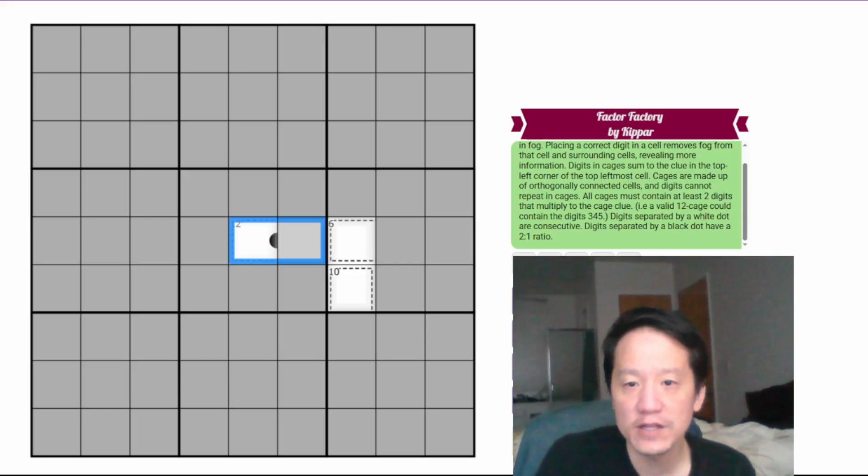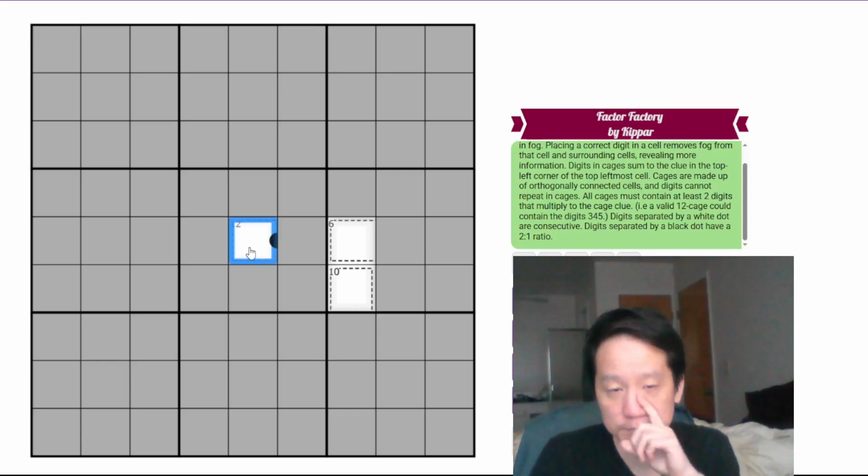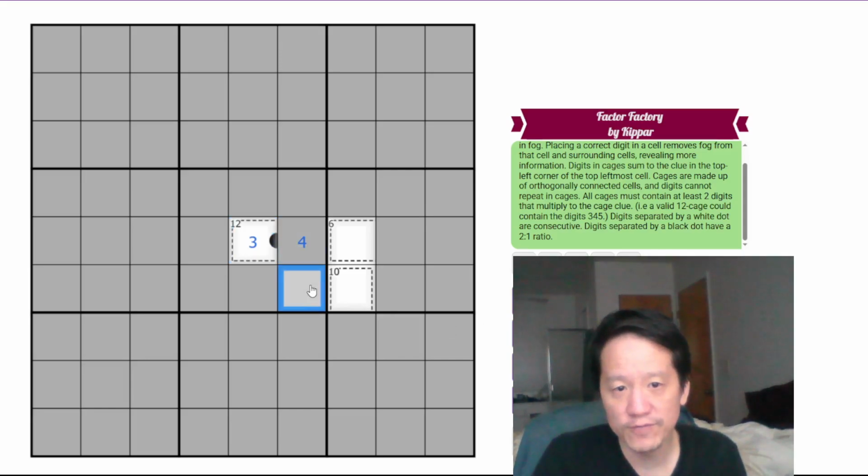That is, a valid 12 cage could contain the digits 3, 4, and 5. So assume that this 12 cage went down here, because this has to be the top leftmost cell. Assume it went 3, 4, and 5.